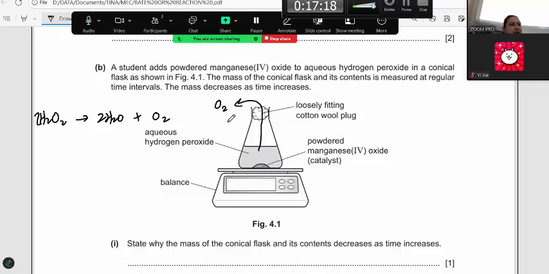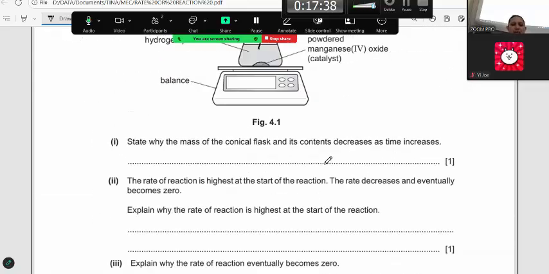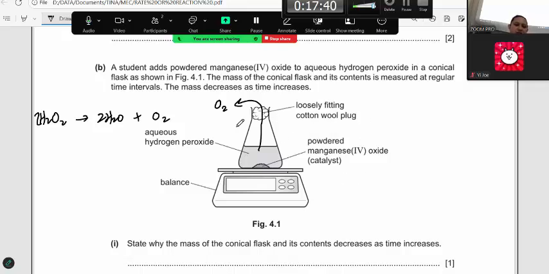The oxygen gas will release, because here I put a loosely fitting cotton plug. Now, because the oxygen gas is released, does this whole apparatus become heavier or lighter? Lighter. So the mass will decrease over time. The mass of this conical flask will decrease over time.